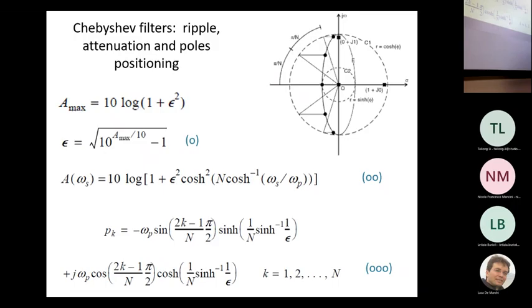The only difference is that the formula has changed, of course. You iteratively change n, taking into account that all the other parameters of the formula are known, until the value A of omega sub s, the attenuation at this point, is higher than the specification provided by the program.